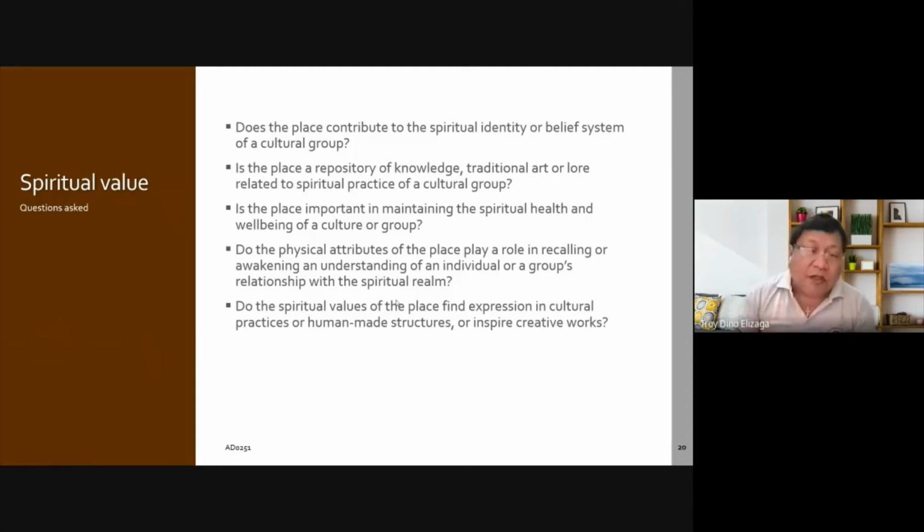Now, we're not limiting ourselves to Christianity or Catholicism. We are talking even about the spiritual practices of our ancestors, who were mostly animists.